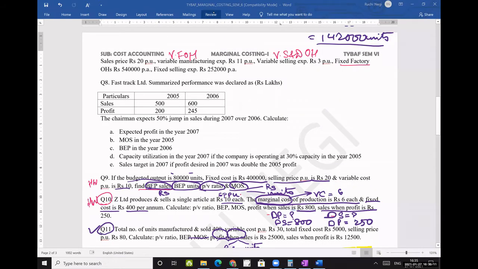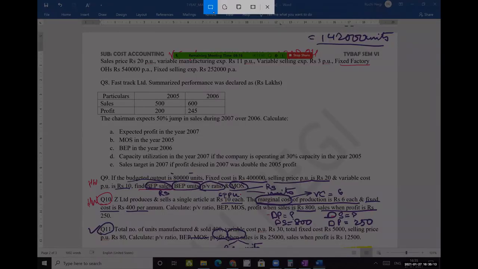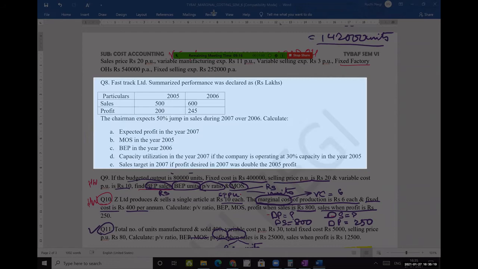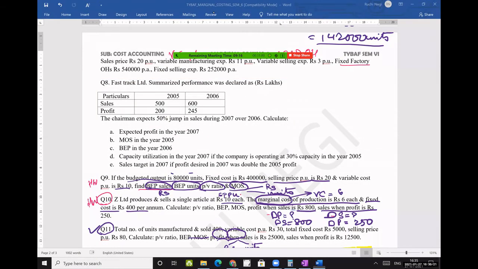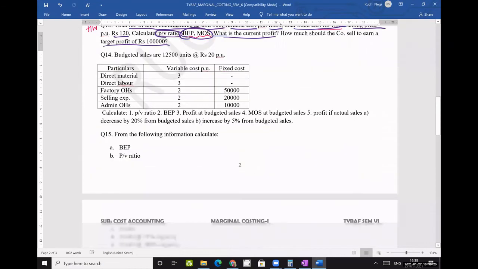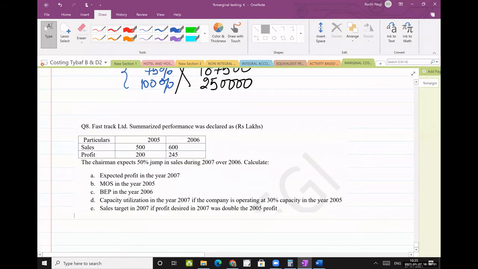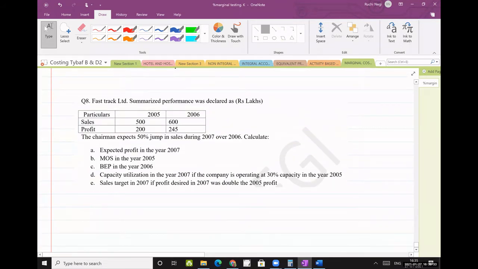This is similar to your type 2, the second type of sum. Okay, now look into this question.